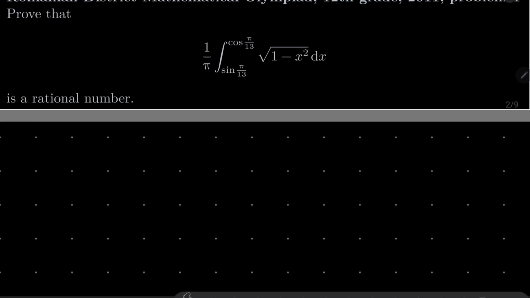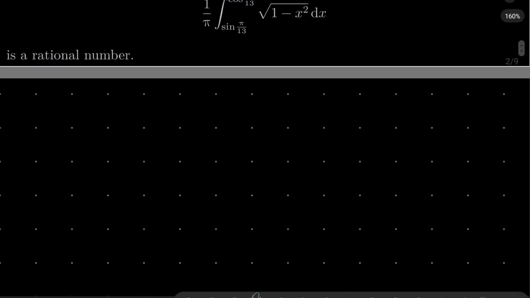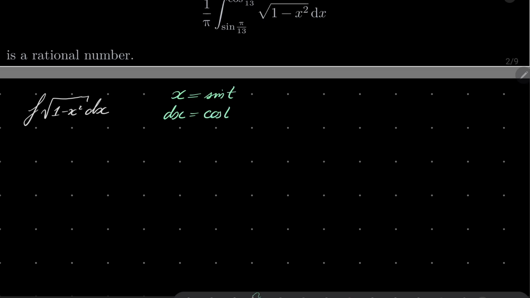Right, so let's start with the indefinite integral of square root of 1 minus x squared dx. Well, to compute this, I will do the following substitution. I will put x to be sine of t, then dx becomes cosine of t dt.